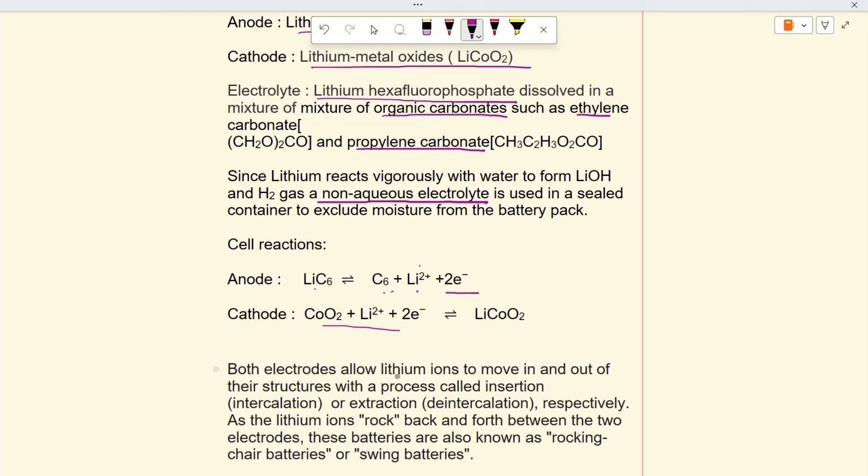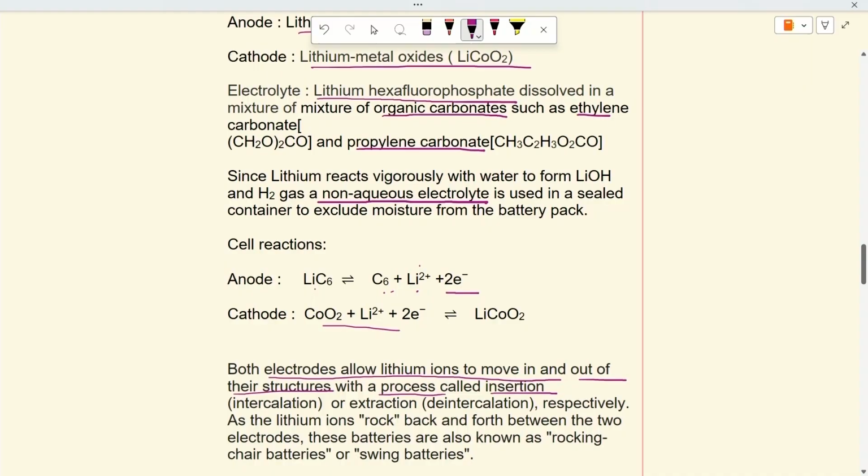Now, both the electrodes, the peculiarities allow lithium ions to move in and out of their structures with a process called insertion. Actually, there is a graphite in which we have the lithium, and these lithium move out as lithium ions and reach the cathode where the lithium ions are inserted into the cathode.